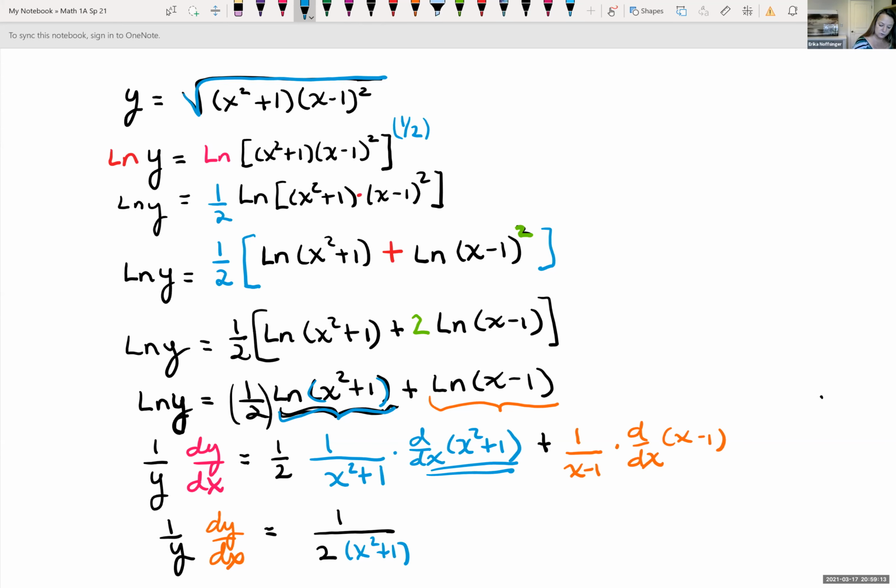Well, that's equal to 2x, plus 1 over x minus 1 times the derivative of x minus 1, which is just 1.